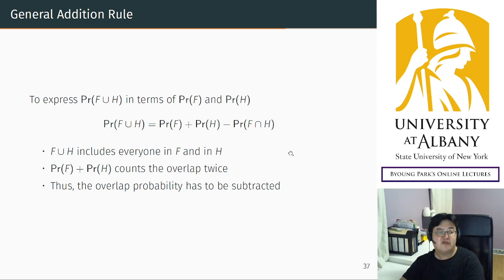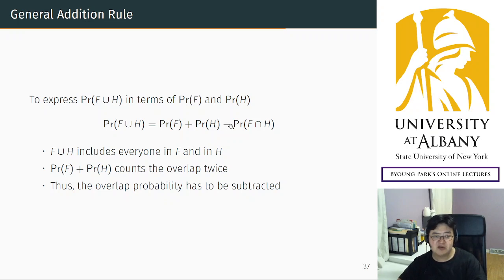Okay, and from these observations, we extract a formula. We would like to express the probability of those new events using the probabilities of the original events. The probability of the union can be written as the sum of the probabilities of the original events.